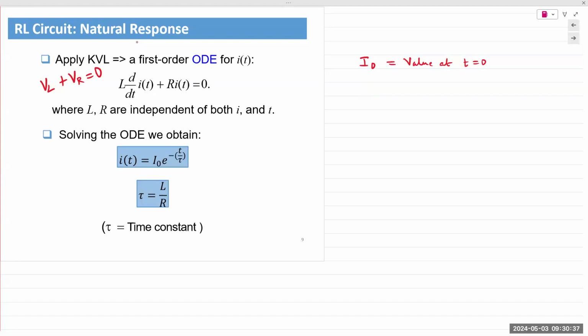Sometimes it is also referred to as subscript I, initial value. Both of them are valid. You might see it as subscript I or 0. Both mean exactly the same thing. The initial value when you begin your analysis, or the value at time t equal to 0 when you begin your analysis.